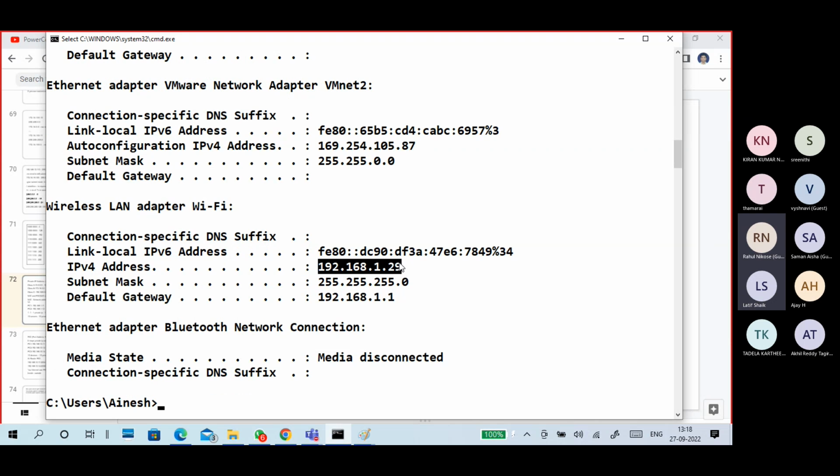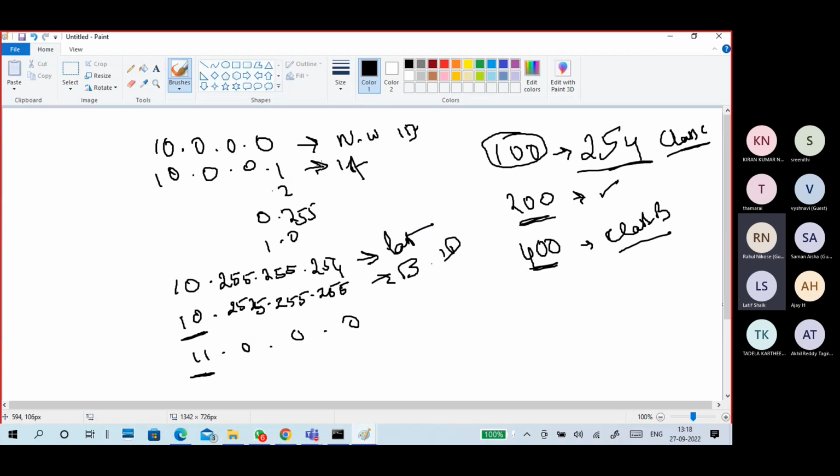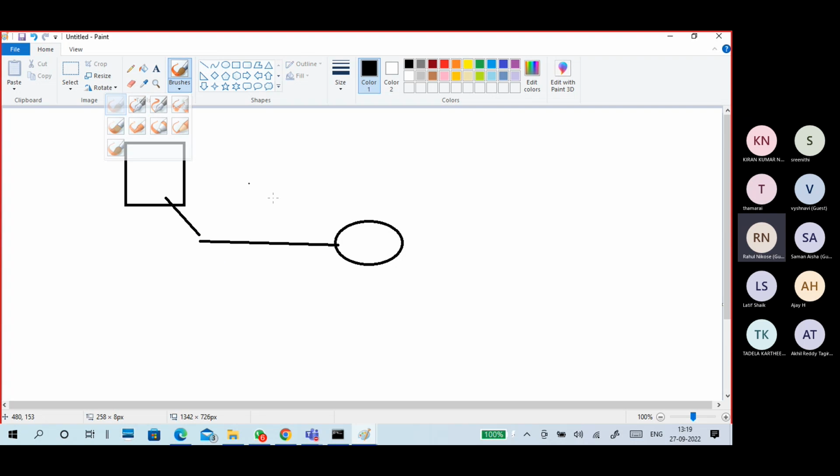This IP address is valid within my local network, within my LAN only, up to my router, not more than that. So I have an IP address and I have a router, and up to this router only is this IP address valid.